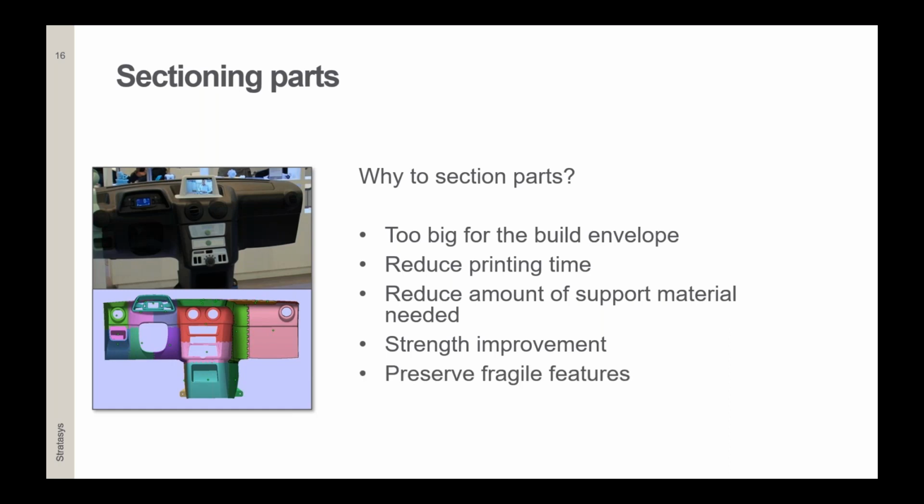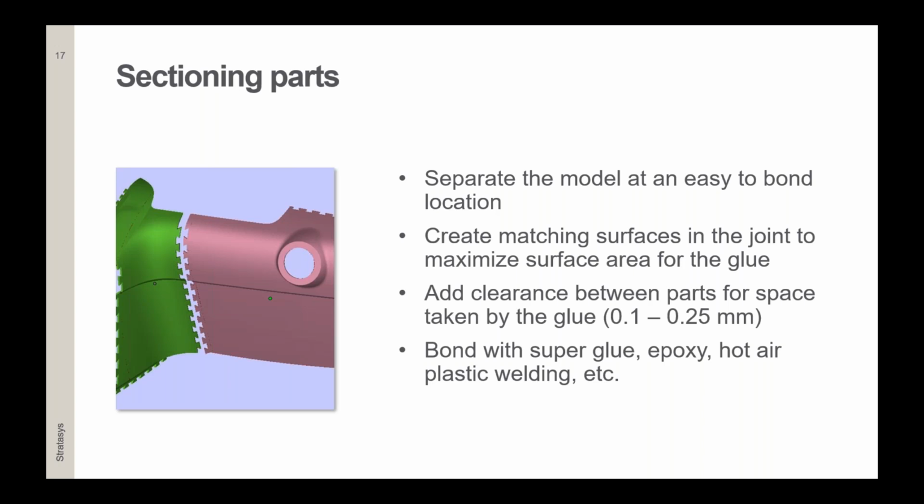And we can also preserve fragile features or details if we, for example, would need to post-process a part later on, so they may be damaged in post-processing if using some automatic options such as a tumbler or similar things. So how to do that? Basically, it's quite easy.